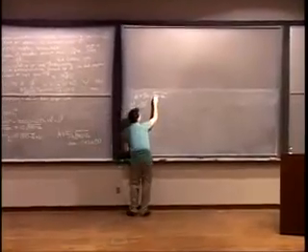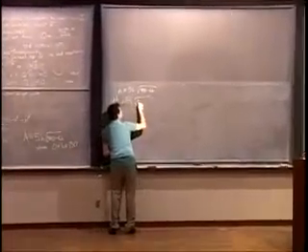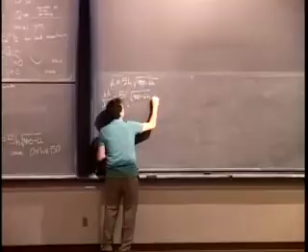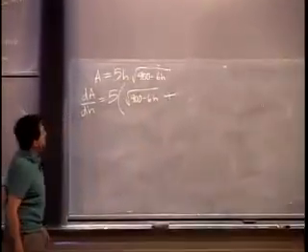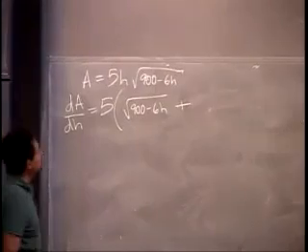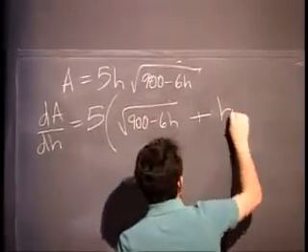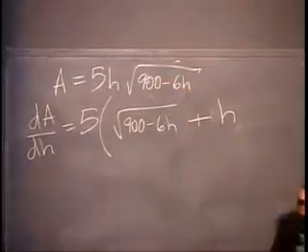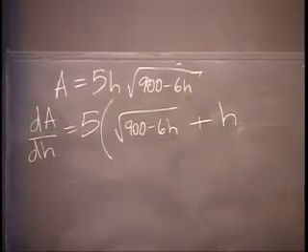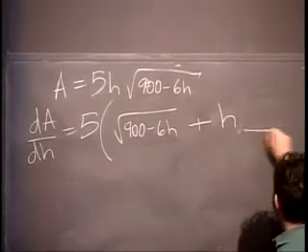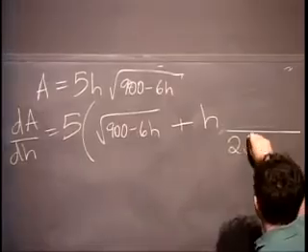It goes like this: second term v times du/dx. Well, du/dx is just the derivative of h, which is 1, plus h times the derivative of the square root. Now the derivative of root x is 1 over 2 root x. So you're going to get 1 over twice the square root here.